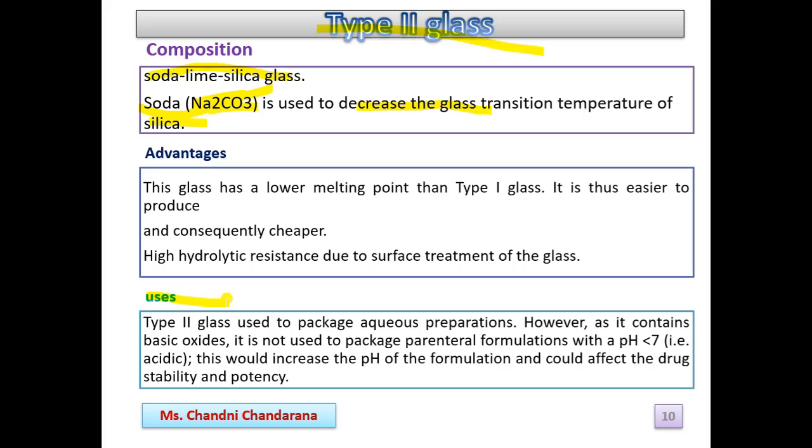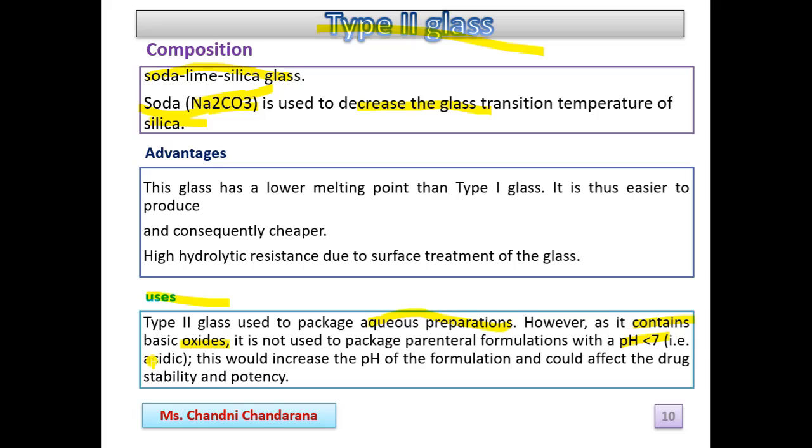Now what are the uses of type 2 glass? It is used to package aqueous preparations. It has a specific use for aqueous preparations, and as it contains the basic oxide, here we can see it has sodium carbonate. So it is not used to package parenteral formulations with a pH less than 7.